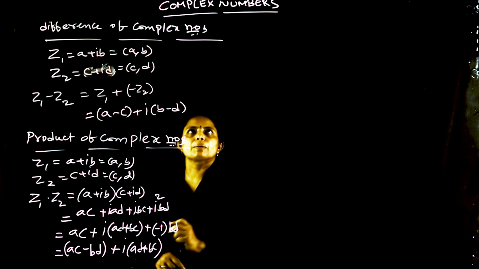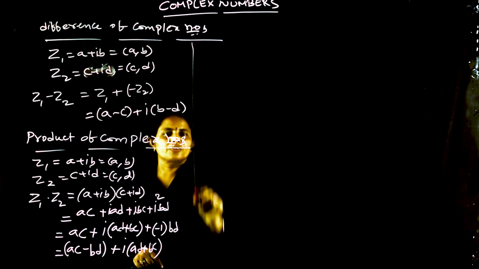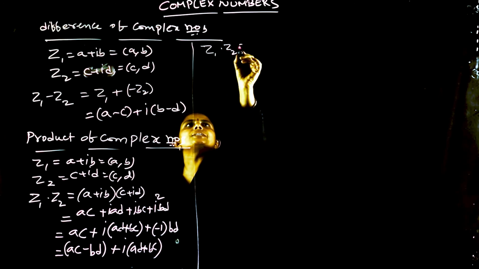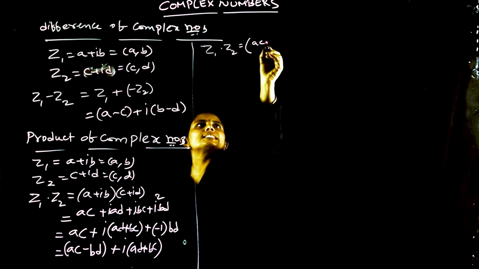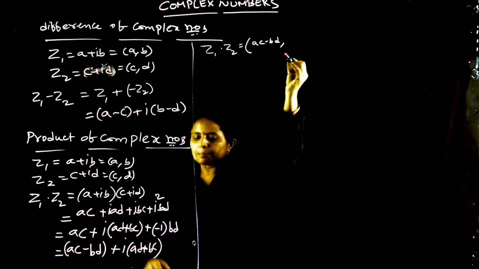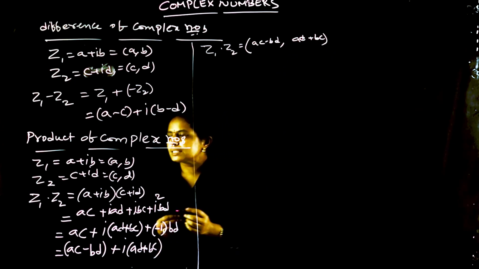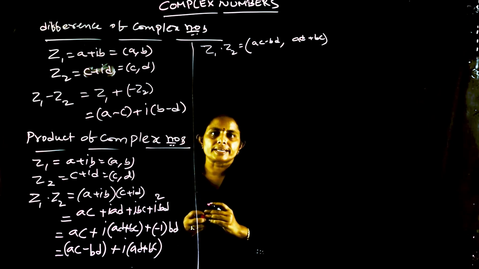So, we can remember product of Z1 and Z2 as Z1 into Z2 is equal to AC minus BD, comma AD plus BC. So, this is product of two complex numbers.